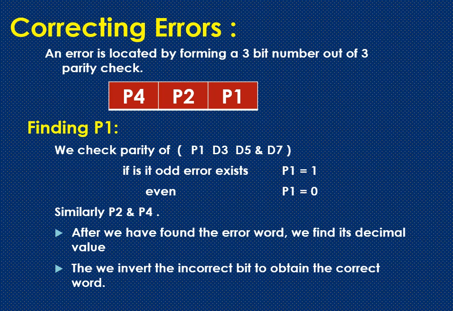Then the data present in the 7th bit position has to be changed, we have to invert it. Then we invert the incorrect bit to obtain the correct word. This is how we correct the error. I just explained how we detect and correct errors using the Hamming code technique with an example. So thank you.